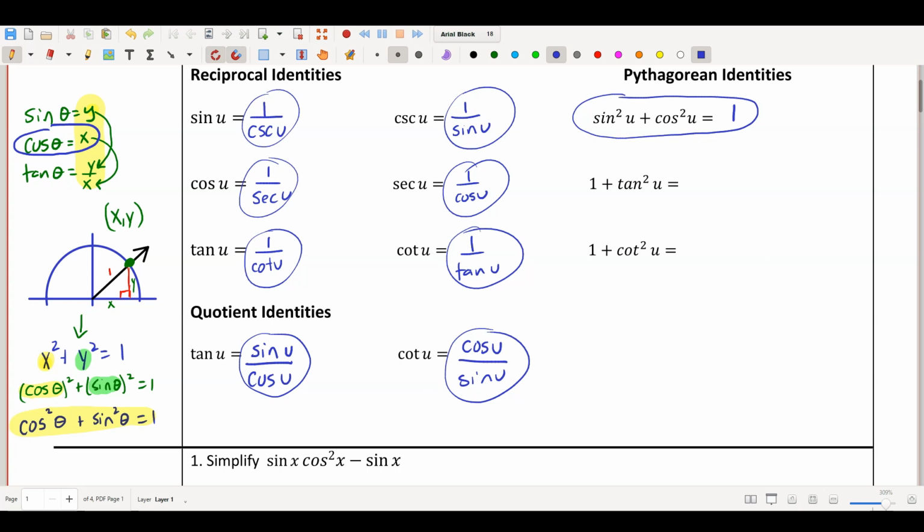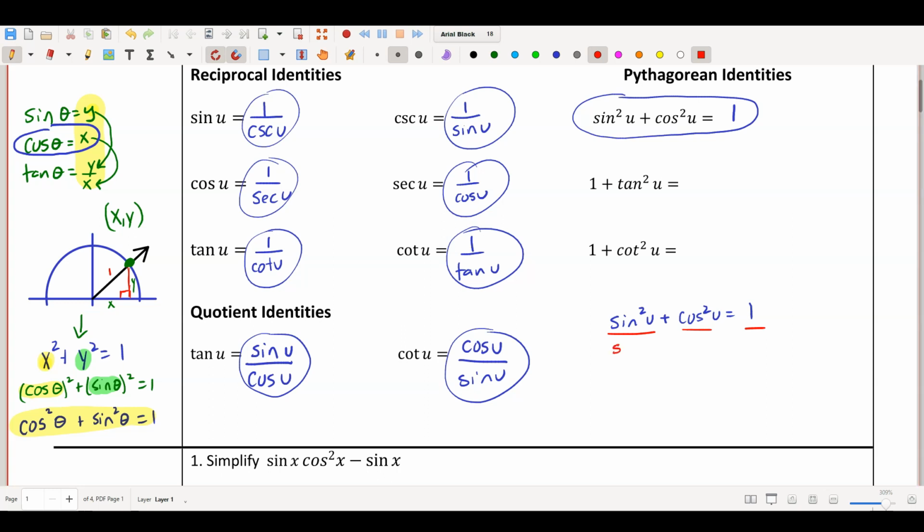So I'm going to do a little explanation here. If I were to say sine squared plus cosine squared theta equals 1, and I wanted to take this identity and change it up a little bit, make it look slightly different. Let's just say I divided every single term here, left and right hand side, by the same thing.